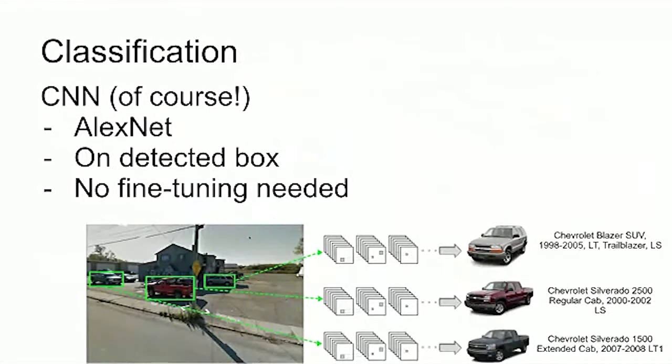That's what we did here. We have a CNN, a convolutional neural network, and it tells us this car here is a Chevrolet Blazer, and this other car here is some other kind of car. So doing this, we trained an algorithm that detects over 2,600 different kinds of cars.